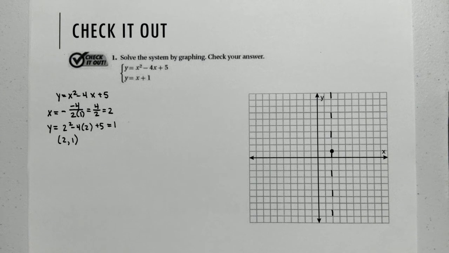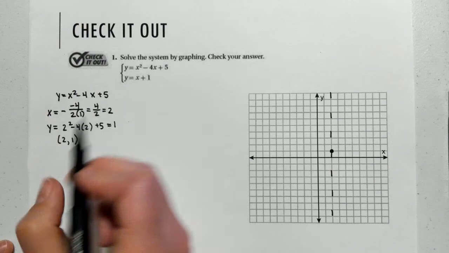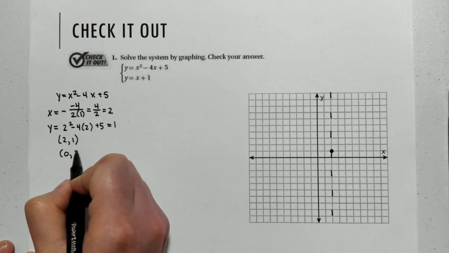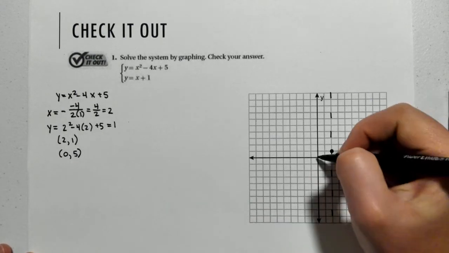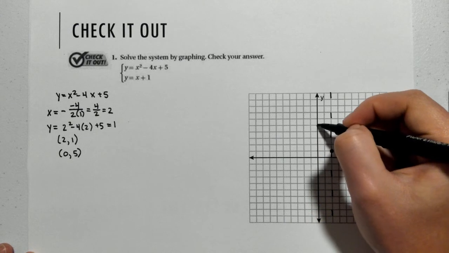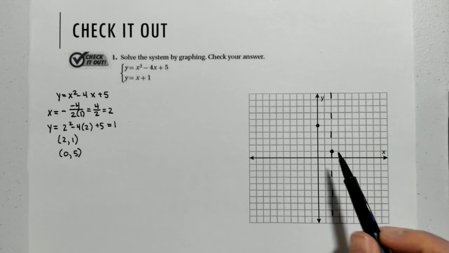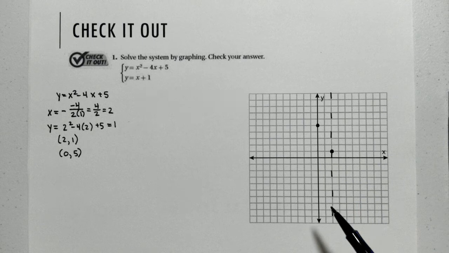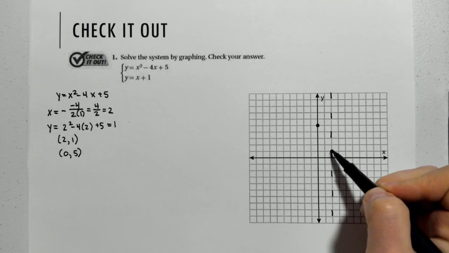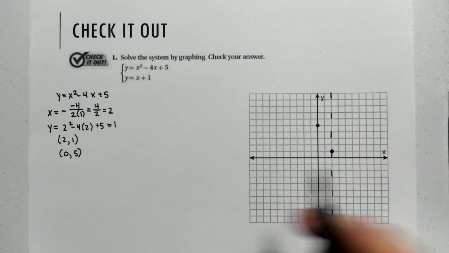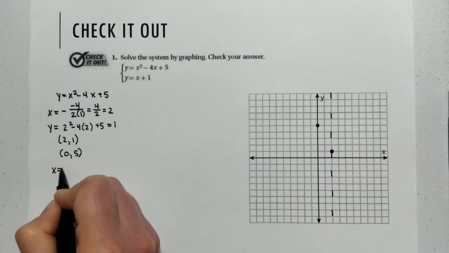So then I'm going to identify my intercept. My C value is 5. So when x is 0, y will be 5. So 0, 5, 1, 2, 3, 4, 5. So my intercept is to the left of my axis of symmetry, so I'm going to pick two other x values to the left. So we started at 2. I don't have a value on 1, so I'll substitute in x equals 1.